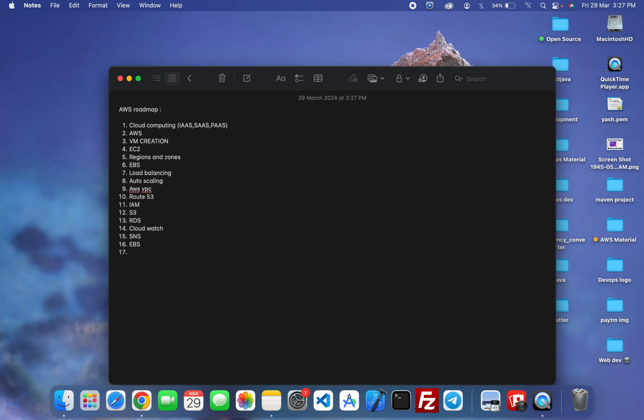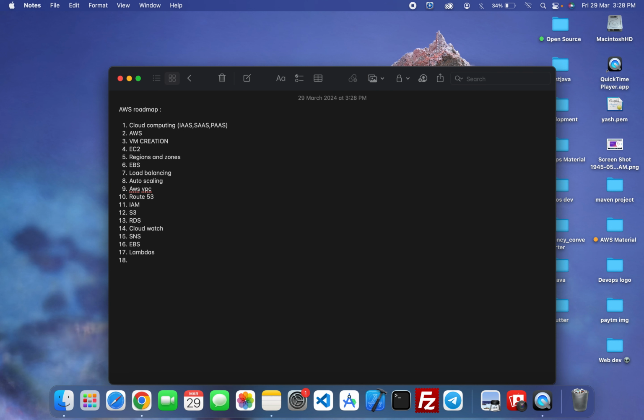So the next topic is serverless computing. In serverless computing, we have one service, AWS Lambda. AWS Lambda is a very famous and very important service for interview purposes and knowledge purposes.